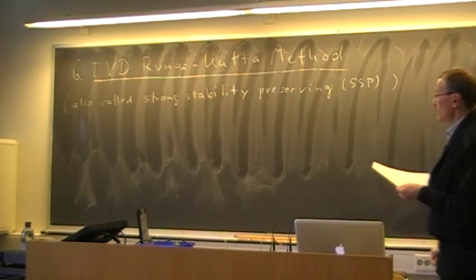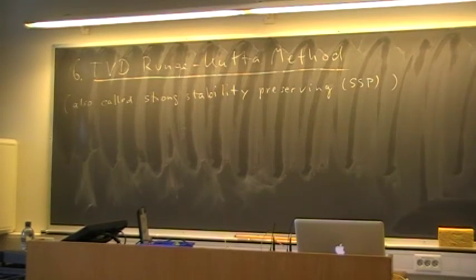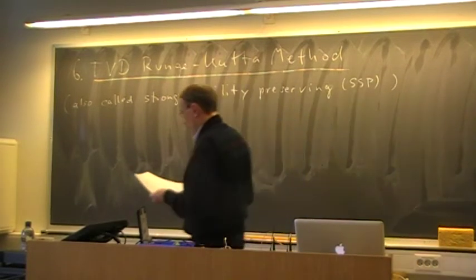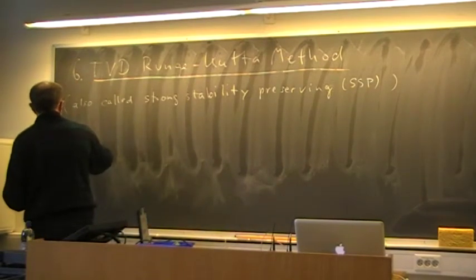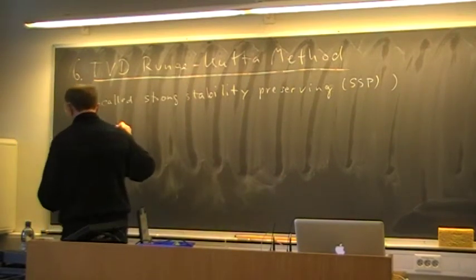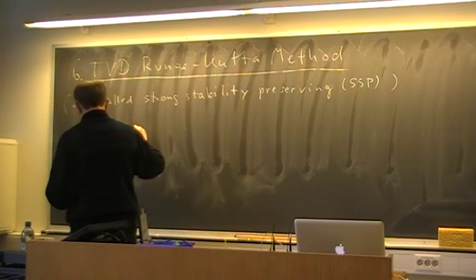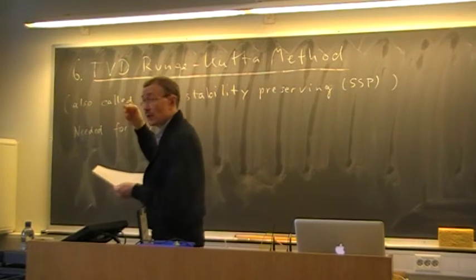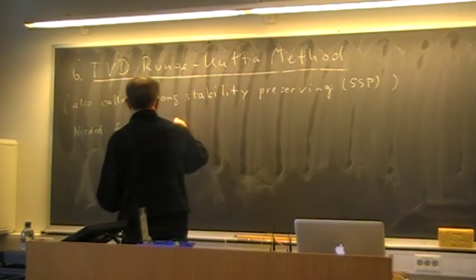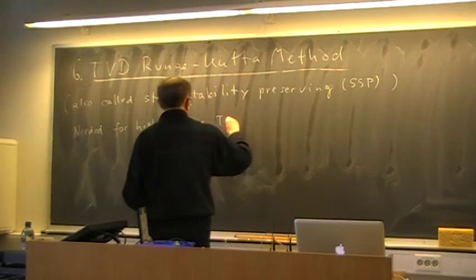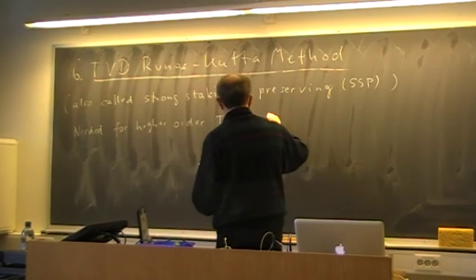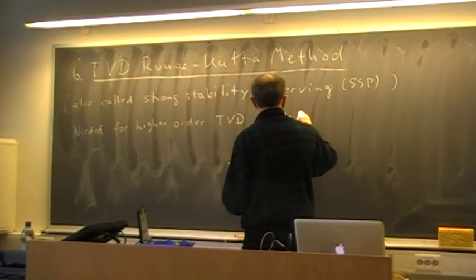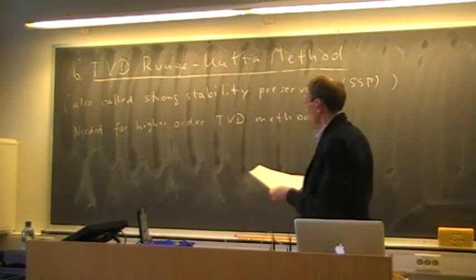So when you see an SSP method, then it is this. And that is needed for higher order TVD methods. You can use also other methods, but this has the property that it keeps the TVD property in time. The acronym TVD stands for total variation diminishing.